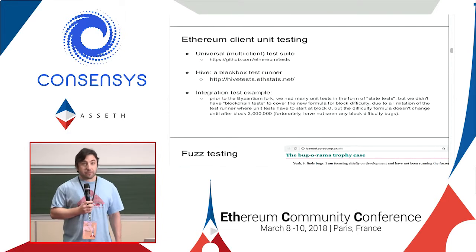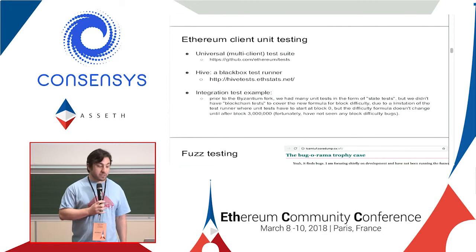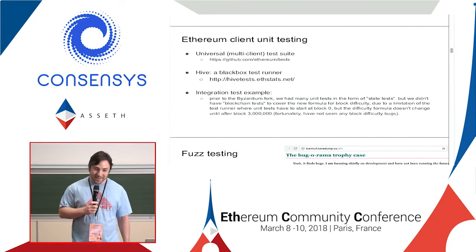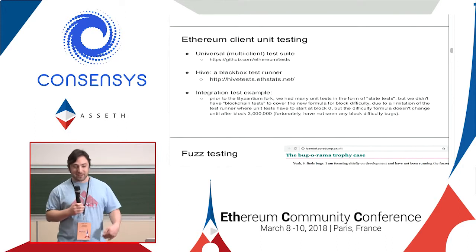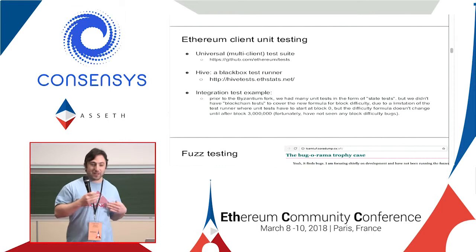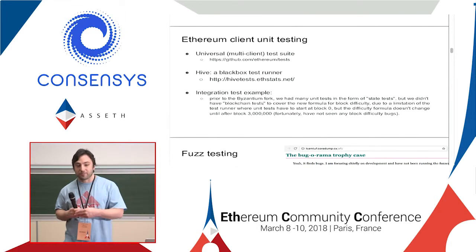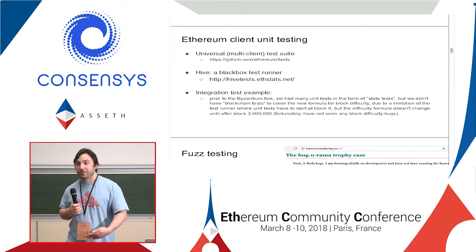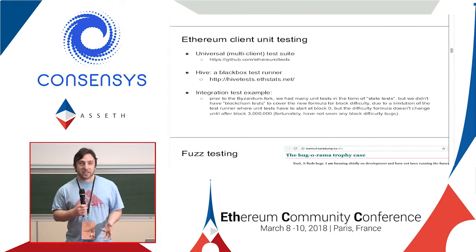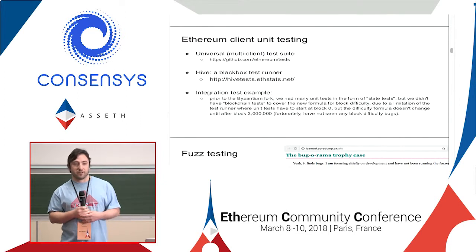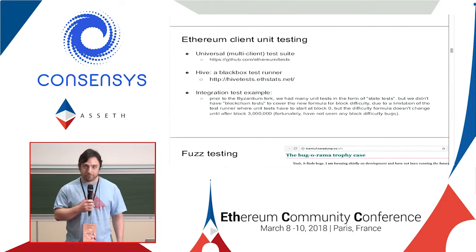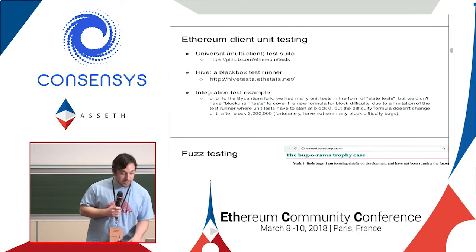One thing we were worried about before the activation of Byzantium was the block difficulty formula, because the way the clients ran these unit tests is that they could only accept a unit test where the block number started at 0, which meant we couldn't actually test the difficulty formula unless each client maintainer implemented a custom unit test runner, which very few of them did, or almost none of them did.